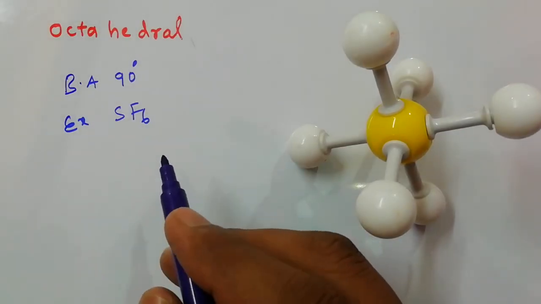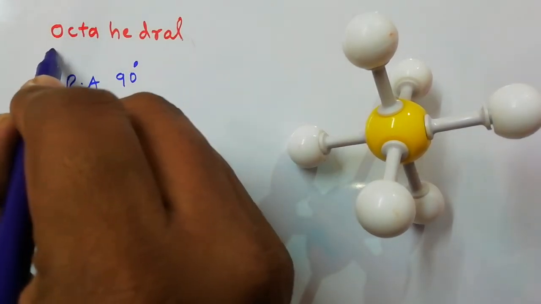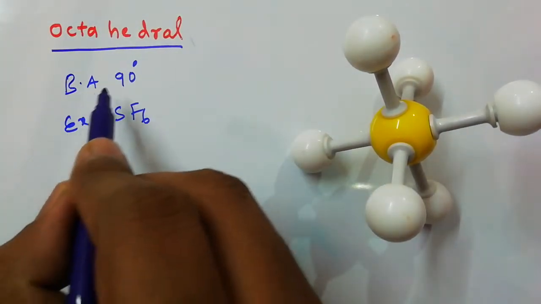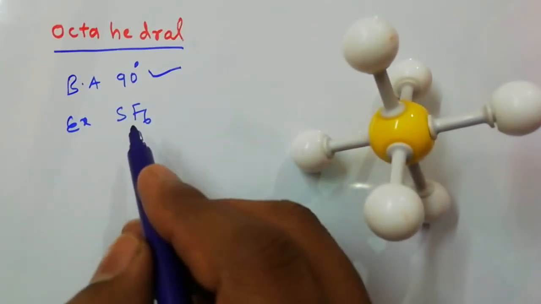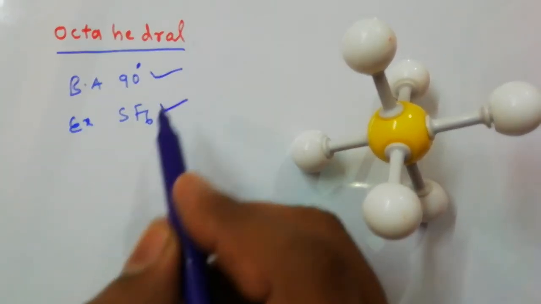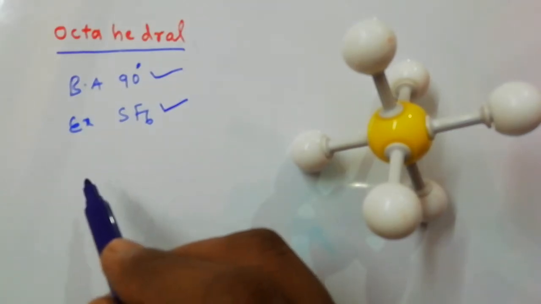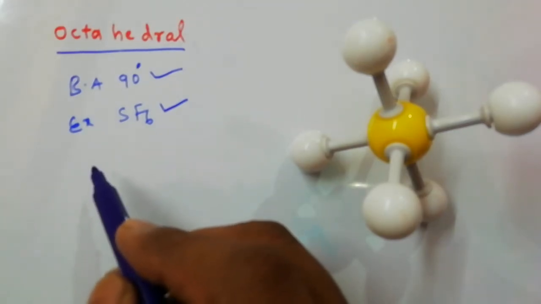So moving on, the next geometry is octahedral geometry. In this the bond angle is 90 degrees, and the well-known example is SF6, sulfur hexafluoride.